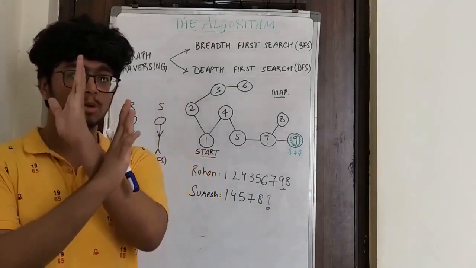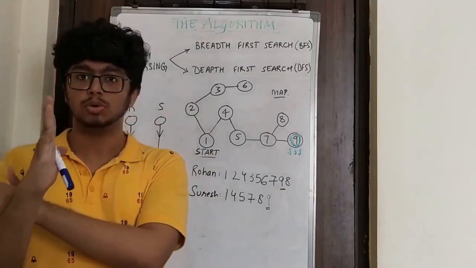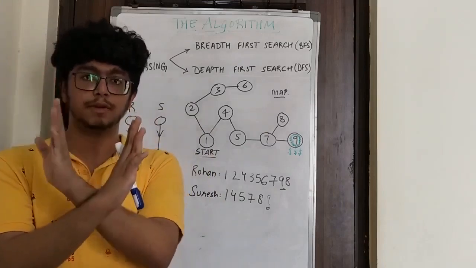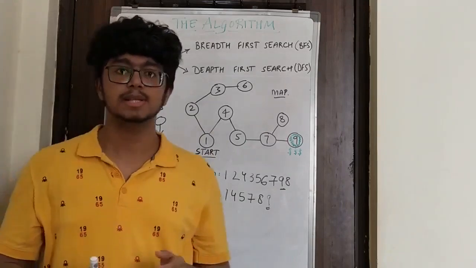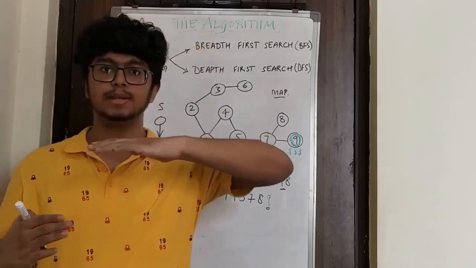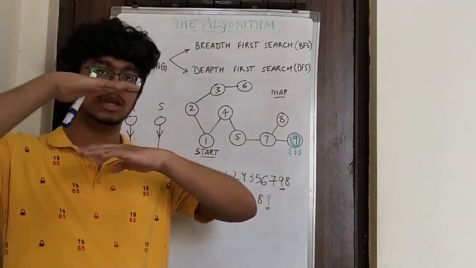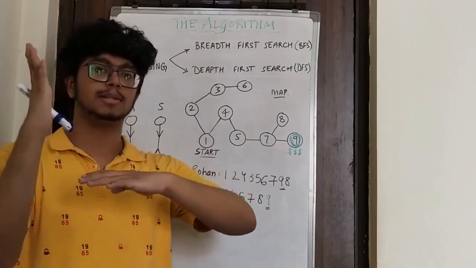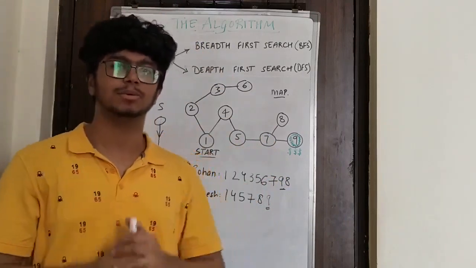First, Rohan will explore 1 completely and after he has explored 1, he explores 2. So this is first in, first out, right? But in case of Suresh, when he uses DFS, he puts in 1, then he puts in 2. And then since the data structure is a stack, he first explores 2 and then he explores 1. So that is first in, last out.